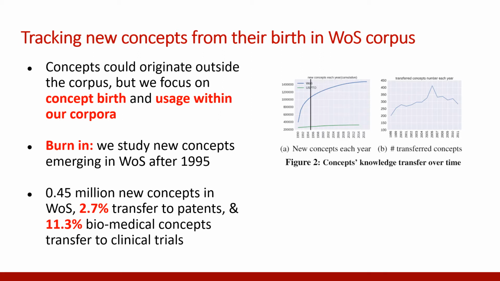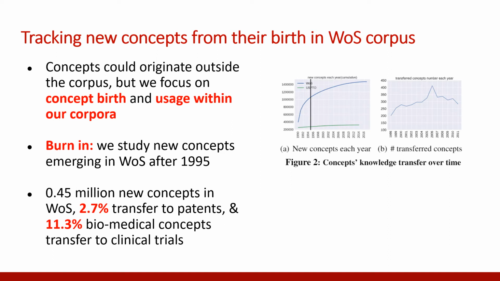As our research goal is to understand what kind of concepts are more likely to transfer, we want to make sure that we are analyzing concepts whose entire developing history we are able to observe, or in other words, concepts that originate in our corpus. To do so, we did burn-in, where we only study concepts that emerged in Web of Science after 1995, even though Web of Science documents can date back to 1900.